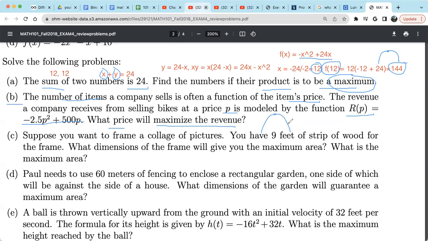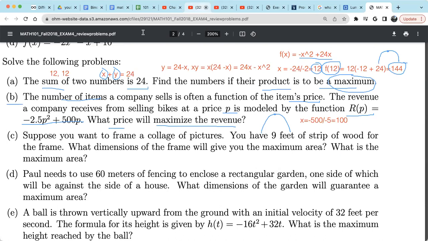All right, so we just need to find this vertex. Again, x equals -b over 2a. What's our b? 500. So -500 over 2 times a. 2 times negative 2.5 is negative 5. So negative 500 divided by negative 5 is 100. Okay, so let's go back to the question. Do we need to find the y value?